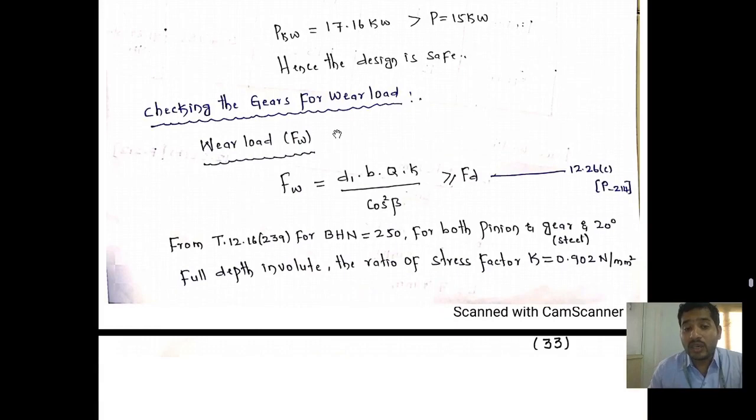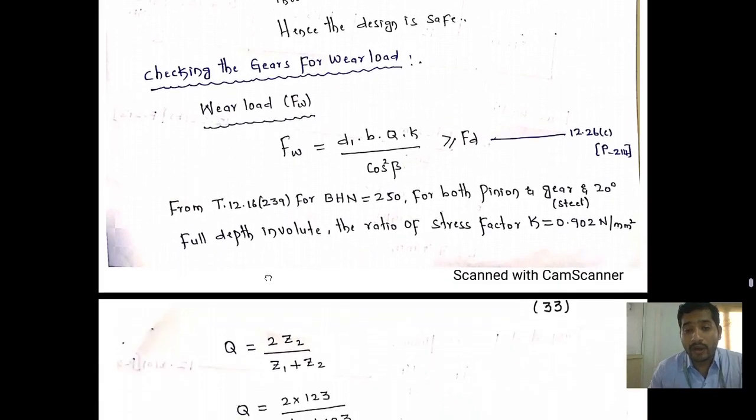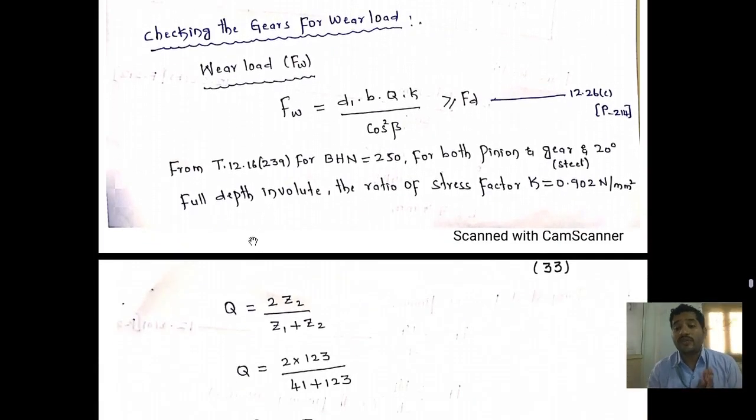After that we need to find out the wear load. If you want to find the wear load, you have to refer to equation 12.26c on page number 214. After that, you have to refer to table number 12.16, page number 239, for the pinion hardness number.